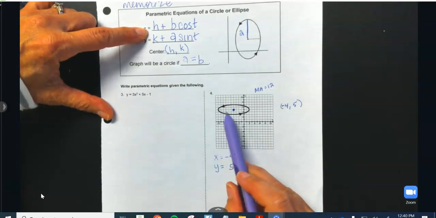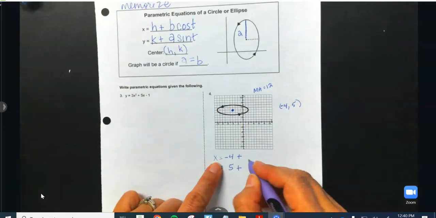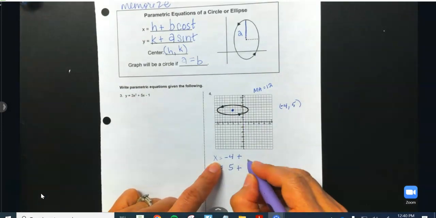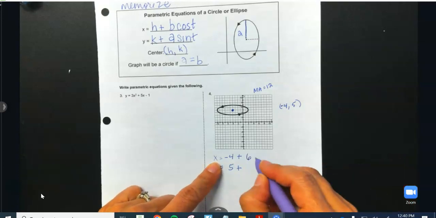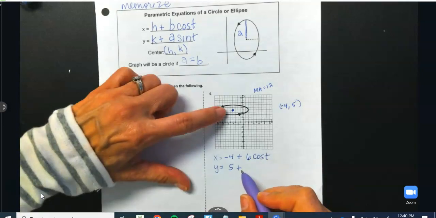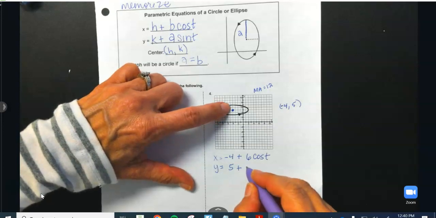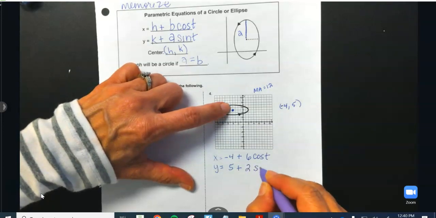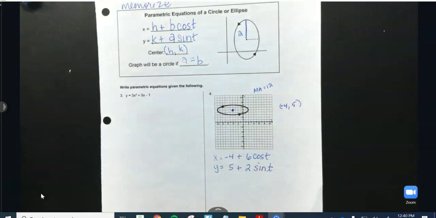Now remember, this is horizontal, so the a value is going to go on the x equation, and the a value is 6 because the major axis is 12. Guys, look at the center. How far away is the center from the top? Yep. That's it.